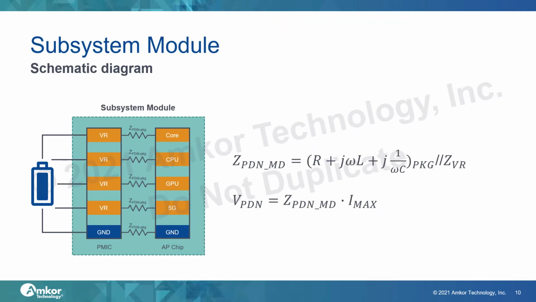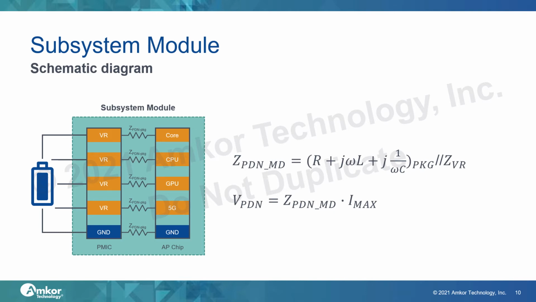The subsystem module contains all DSCP aspects to integrate the system function of AP and PMIC in a package. Since the total impedance is consolidated to a single package, it has low impedance and a simple equation.